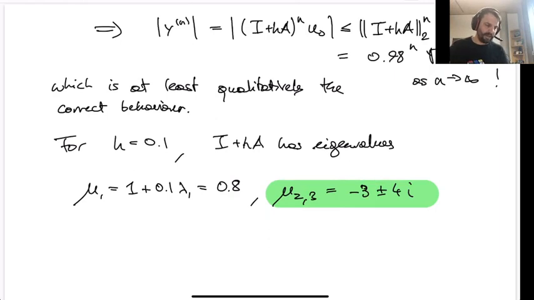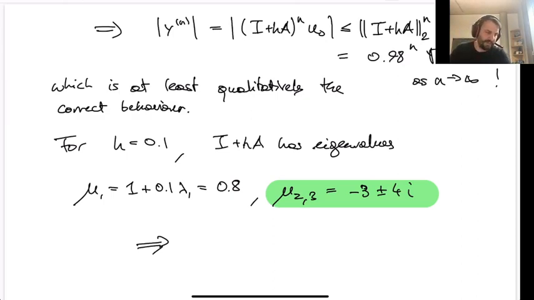You can read up in the notes, and I will come back to it next time.